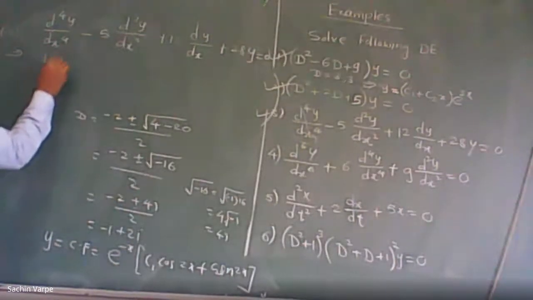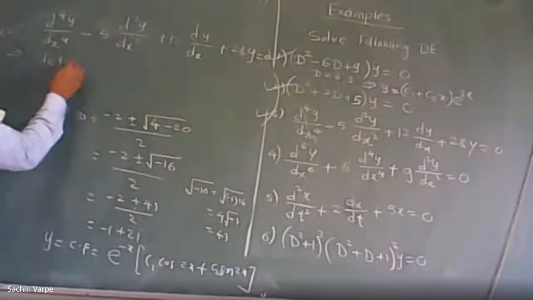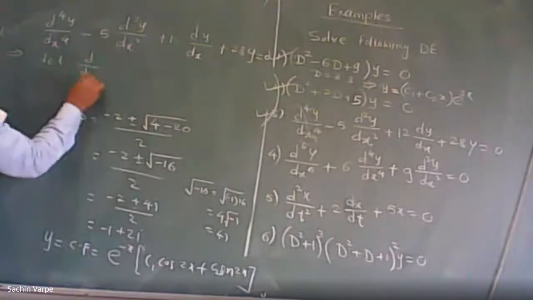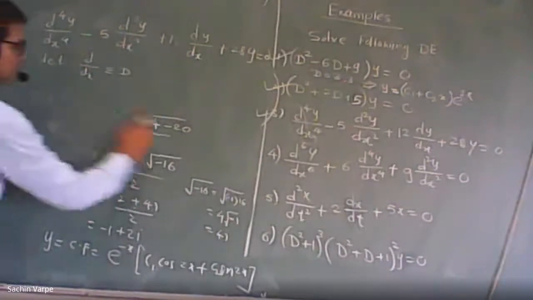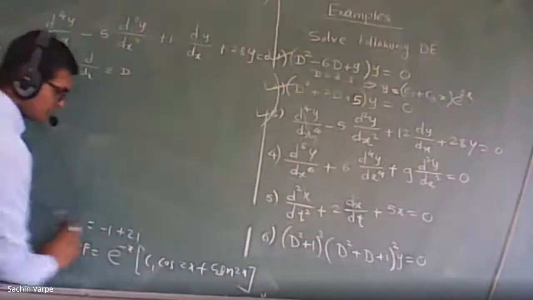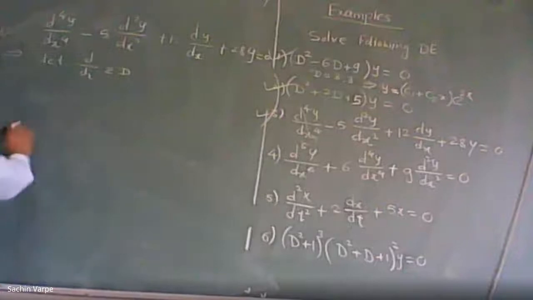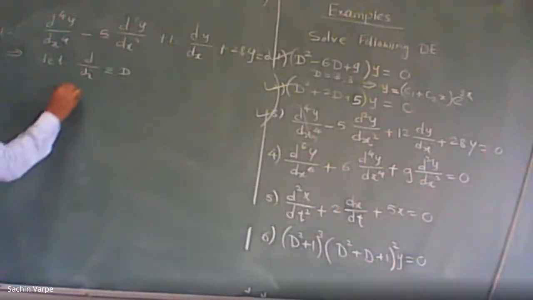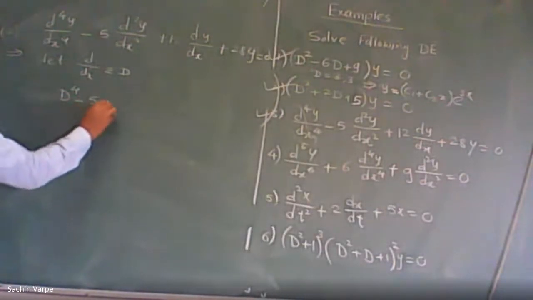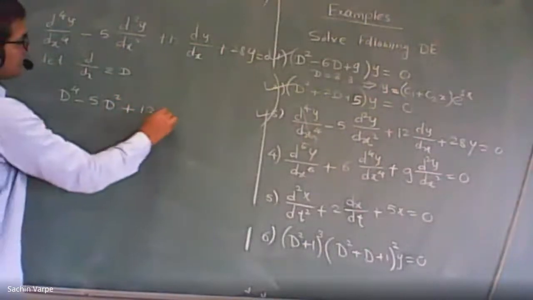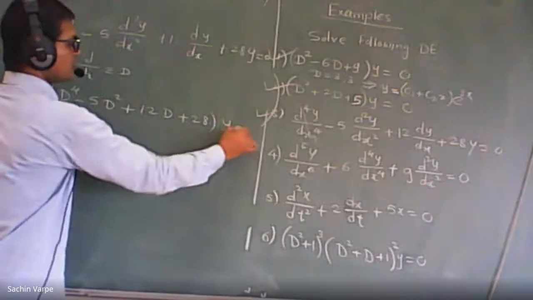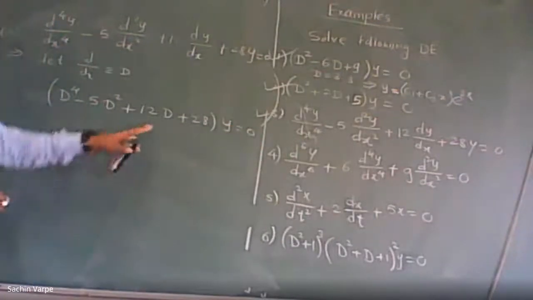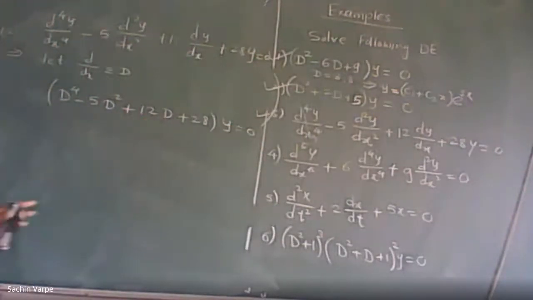Let us introduce the operator capital D, that is d by dx is equivalent to capital D. So when I substitute, what I'll get? D raised to 4 minus 5D square plus 12D plus 28 times y is equal to 0. That is the reduced form of the linear differential equation.